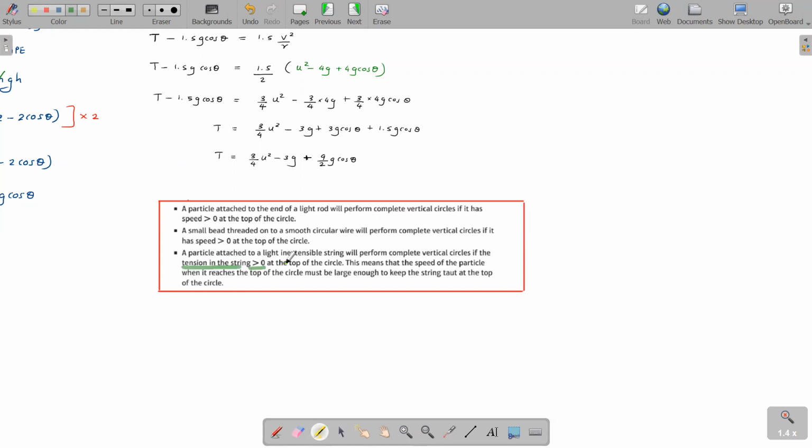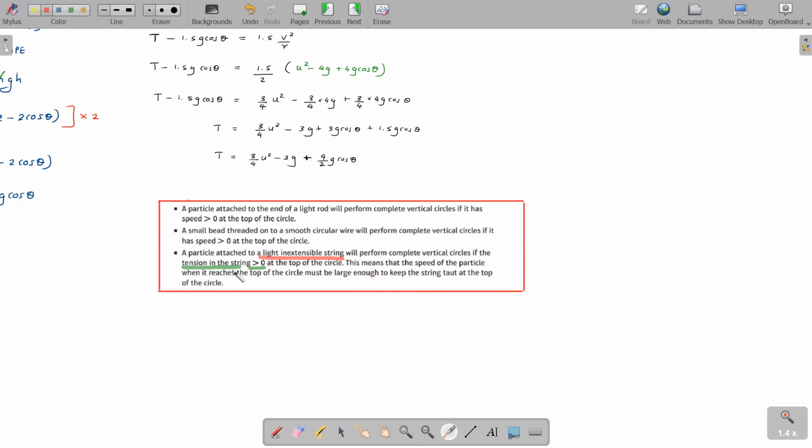So with a light inextensible string, the requirement to go through the very top of the circle is that the tension in the string must be greater than 0. So this means that the speed of the particle when it reaches the top of the circle must be large enough to keep the string taut at the top of the circle.